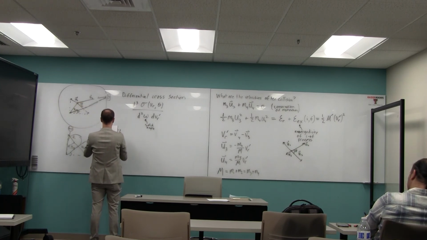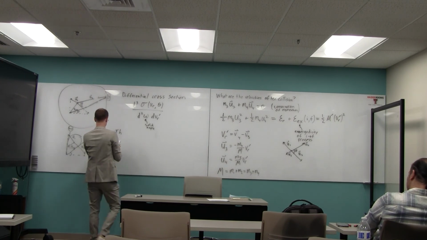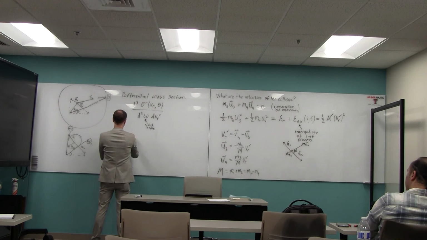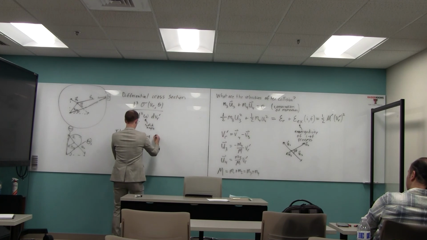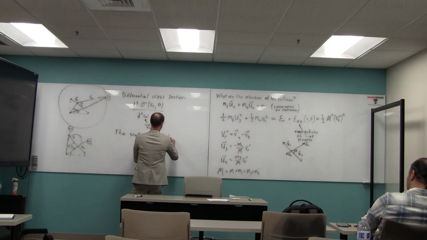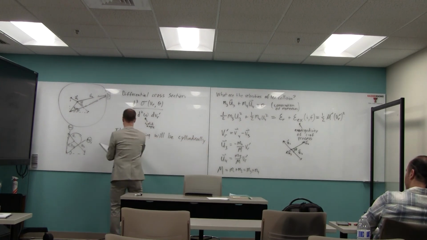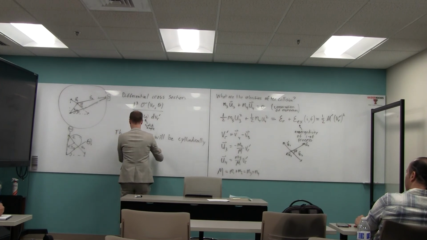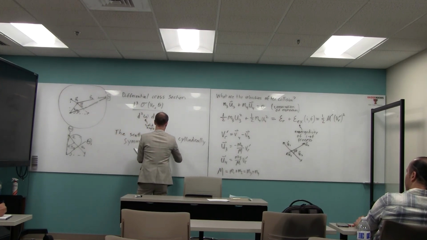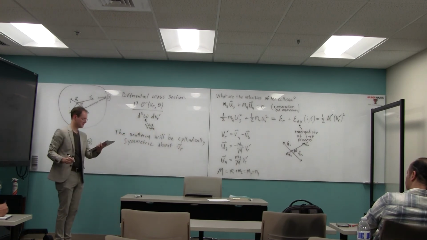Okay, and as long as you have random incidence orientations of the two molecules, then the scattering will be cylindrically symmetric about the initial relative velocity vector.